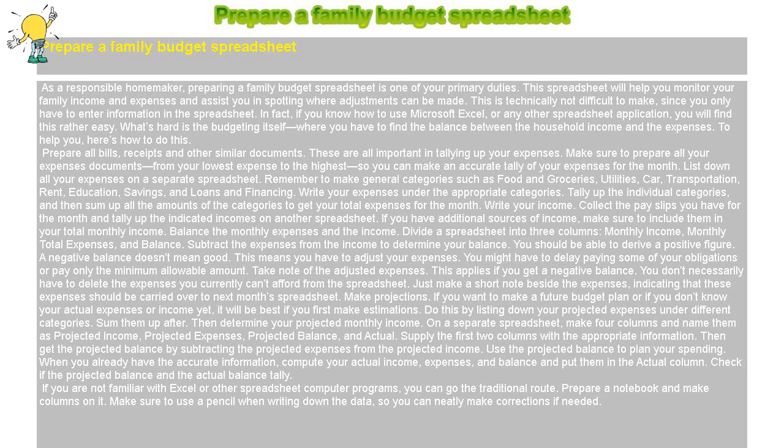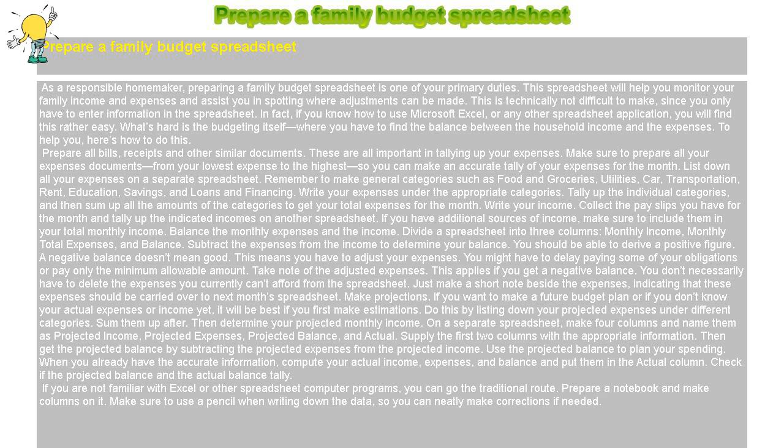This means you have to adjust your expenses. You might have to delay paying some of your obligations or pay only the minimum allowable amount. Take note of the adjusted expenses. This applies if you get a negative balance.